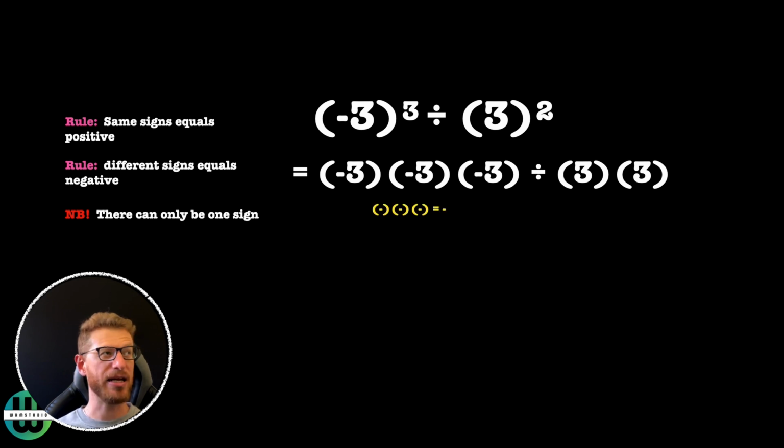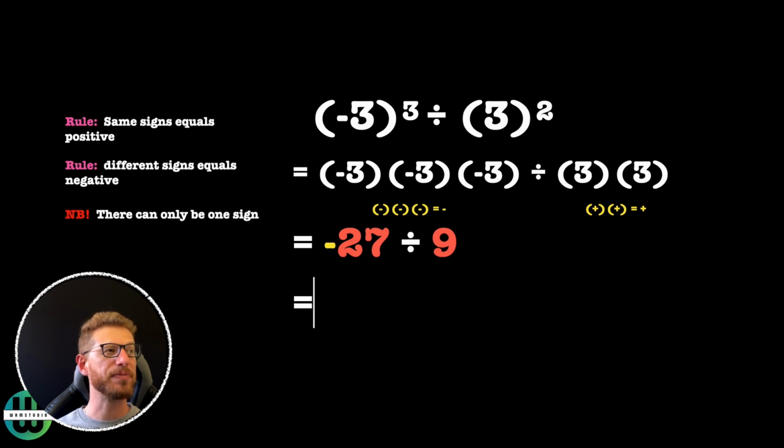That's going to give me a negative. In my second group, I've got a positive and a positive, which will give me a positive number. So here I'm going to have negative 27 divided by 3 times 3, which is 9. So now I've got negative 27 divided by 9. Again, I'm going to use my rules. Different signs equal negative. And I'm going to get to negative 3.